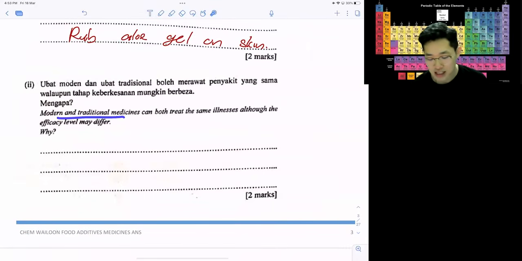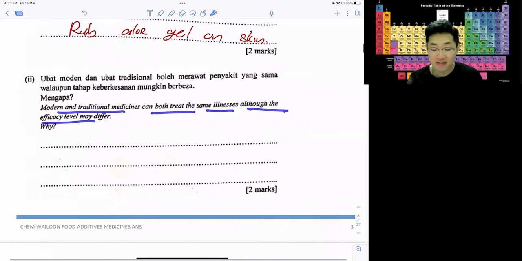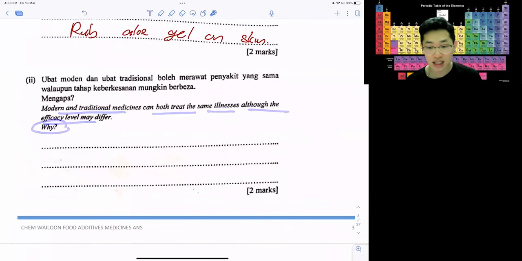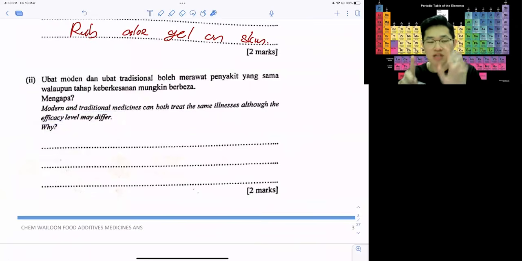Modern and traditional medicine can both treat the same illness, although the efficiency level may differ. Why? So they can also ask you the difference between modern medicine and traditional medicine. The difference is modern medicine is derived from chemicals.